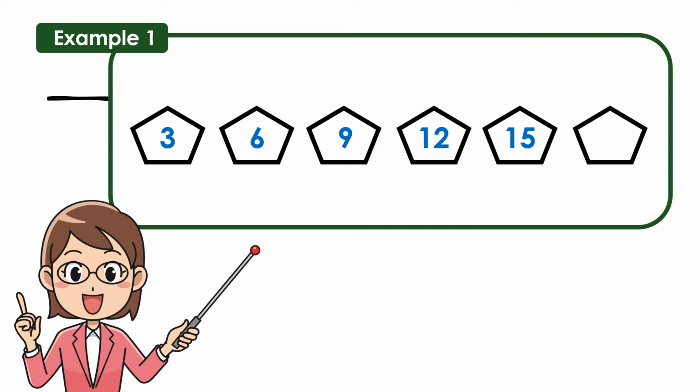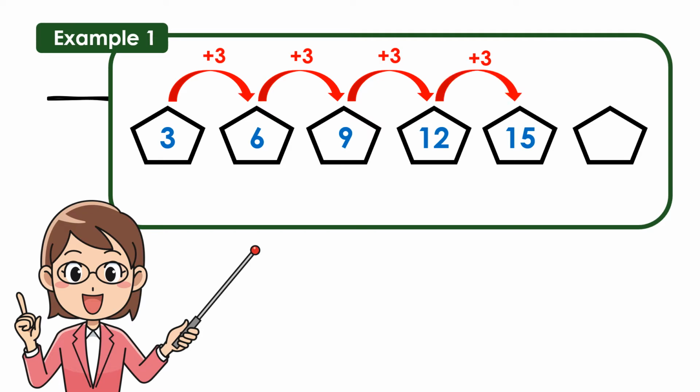Observe that if we add 3 to the first term, we have 6. If we add 3 again to the second term, we get 9. If we add 3 to the third term, we get 12. If we add 3 again to the fourth term, we get 15.